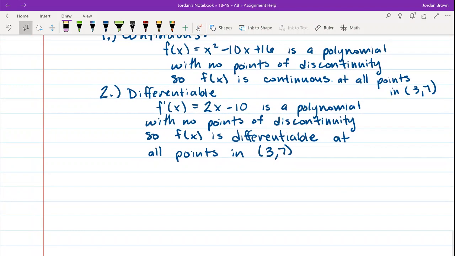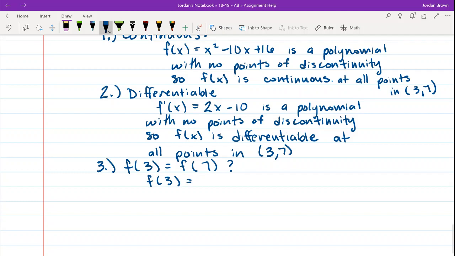All right. So now we have continuity, we've got differentiability. We just need to prove that f of 3 is equal to f of 7. Okay, so f of 3 is 9 minus 30 plus 16. So that is negative 30 plus 25 gives us negative 5.